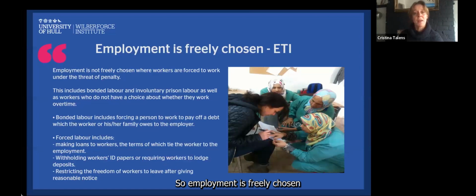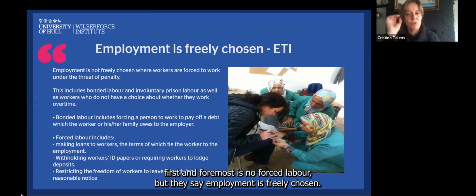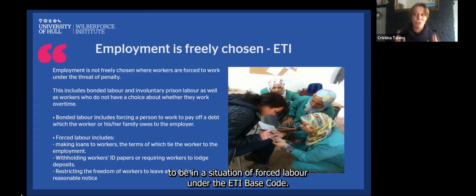So employment is freely chosen. Under the Ethical Trading Initiative Base Code, the first provision, first and foremost, is no forced labor, but they say employment is freely chosen. So anybody that is working under threat or penalty is considered to be in a situation of forced labor under the ETI Base Code.